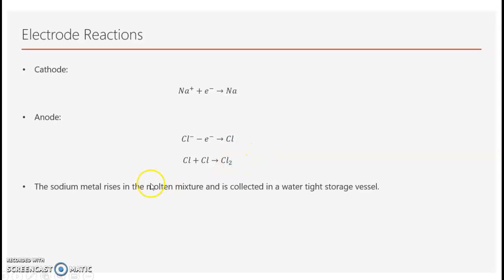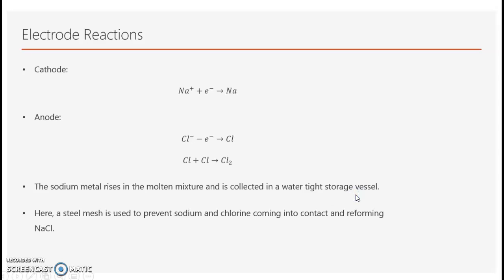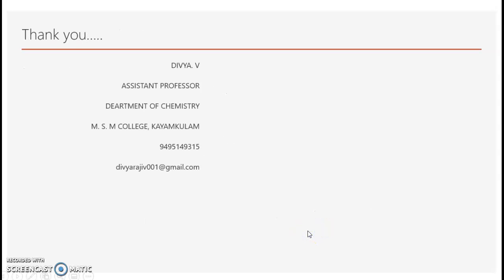The sodium metal rises in the molten mixture and is collected in a watertight storage vessel. Here a steel mesh is used to prevent sodium and chlorine from coming into contact and reforming sodium chloride. This is the extraction procedure of sodium from rock salt.